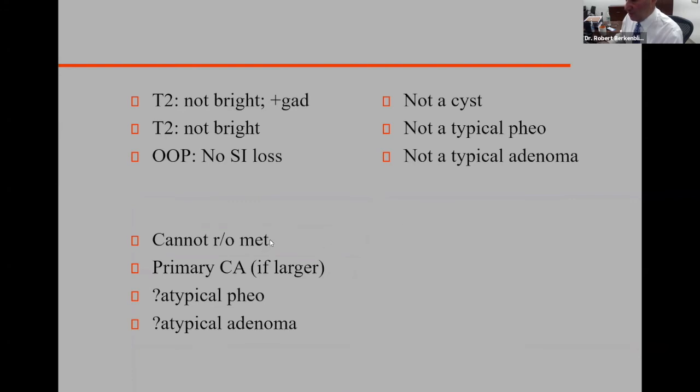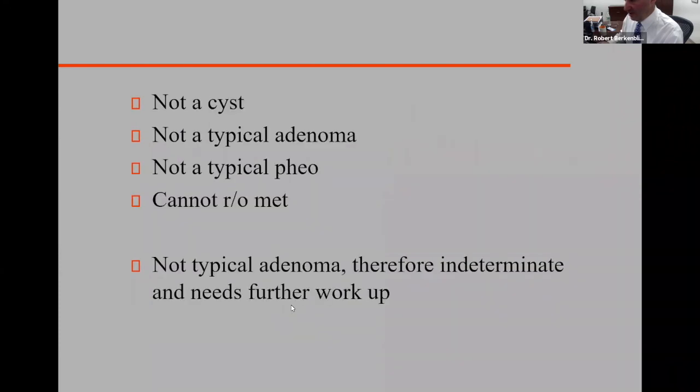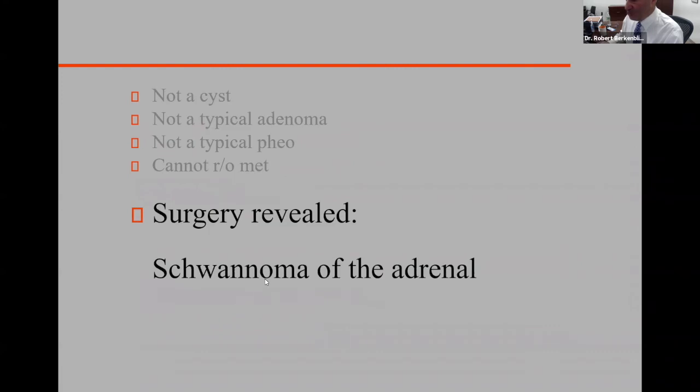So what can we say? We can't rule out a metastatic lesion. Could be a primary carcinoma if larger. Could it be an atypical pheochromocytoma, one of those non-bright T2 lesions that I spoke about earlier? Could it be an atypical adenoma? Basically, at this point, it's indeterminate and needs further workup. This patient was not comfortable having this lesion sit in them for a 6-month follow-up, and they opted for surgery, which revealed a schwannoma of the adrenal gland.